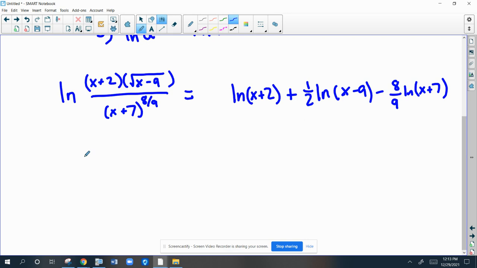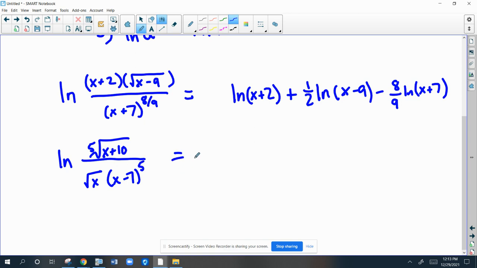So, for example, if you had the natural log of the fifth root of x plus 10, over the square root of x times x minus 7 to the fifth.